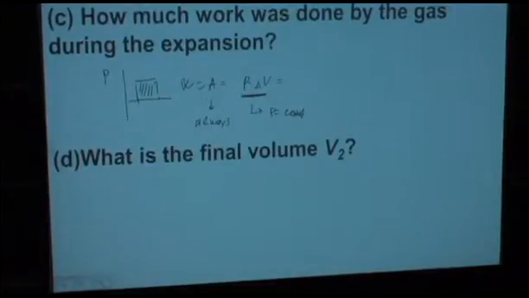And as we just said, that also is equal to 20 times 50, 1,000 joules of work.